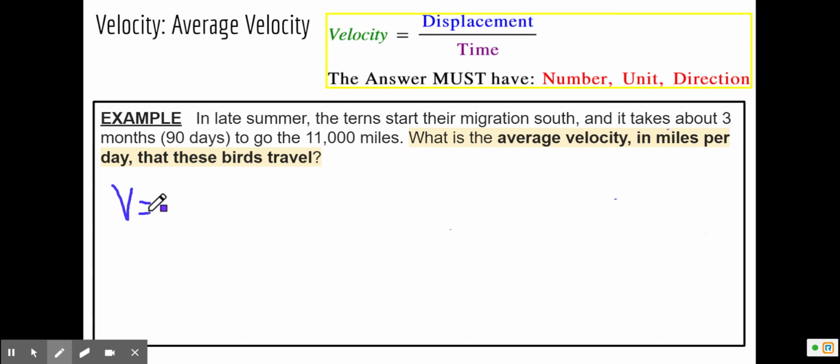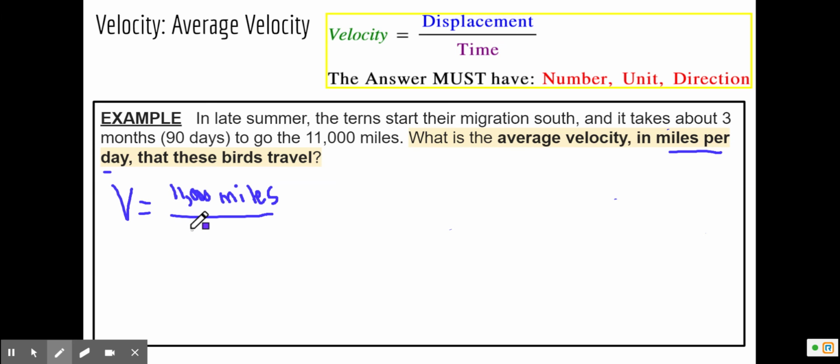Velocity equals displacement or distance. They're usually interchangeable. The distance is 11,000 miles. And we need to divide it by the time. And it says we need to have our answer in the unit miles per day.